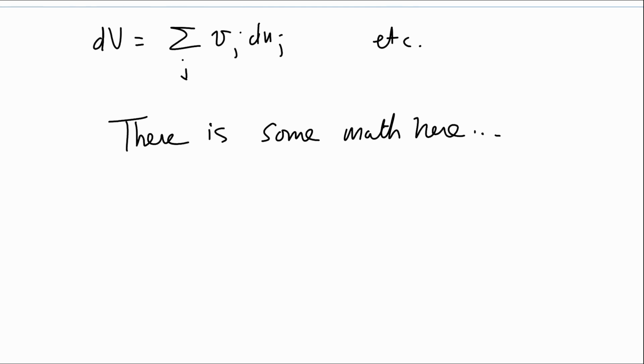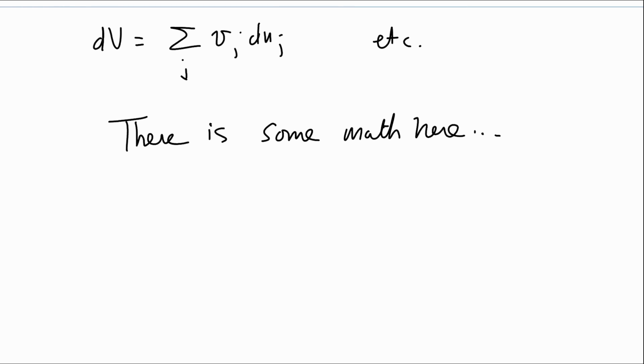Inexorable means it has to be this way, it just does. The fact that these state functions are extensive, and the fact that the math is the way it is, means that what I'm going to write here has to be true, but I'm not going to prove it to you.